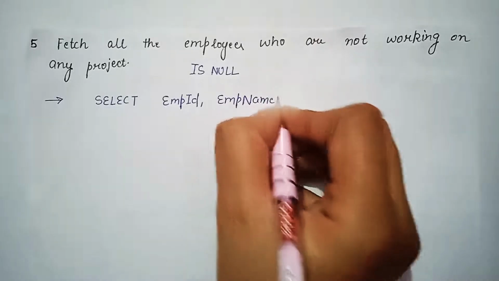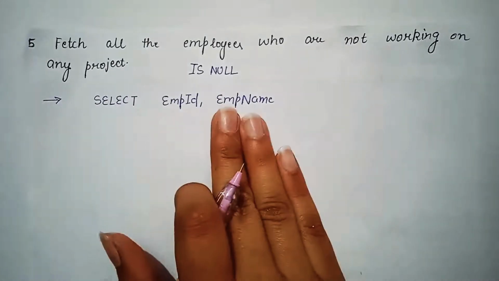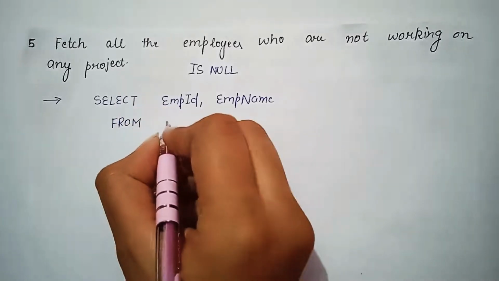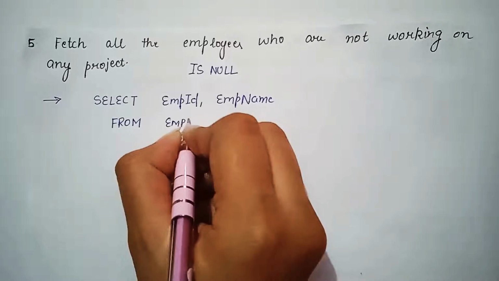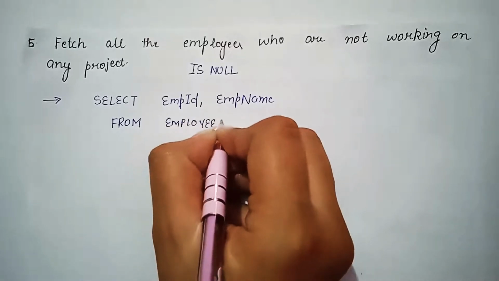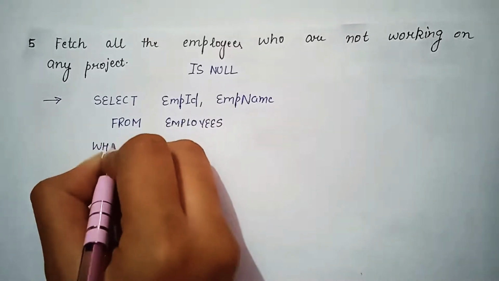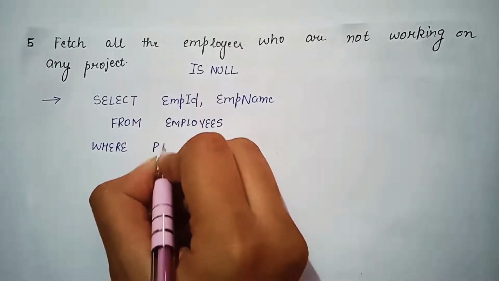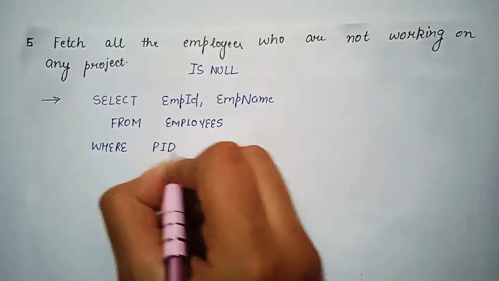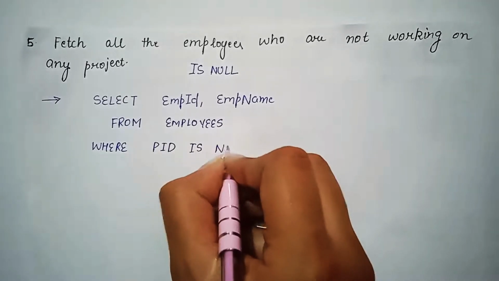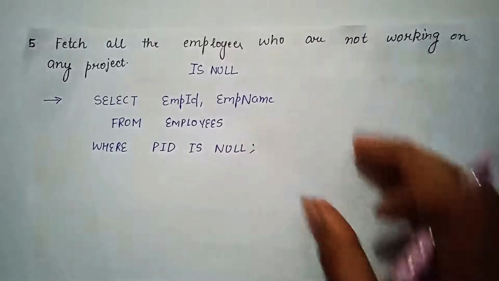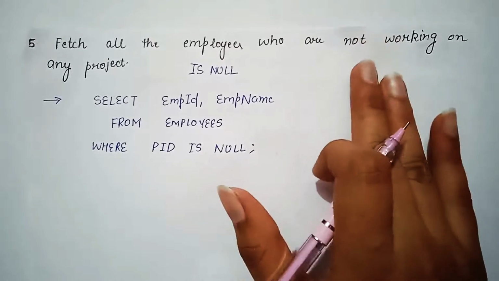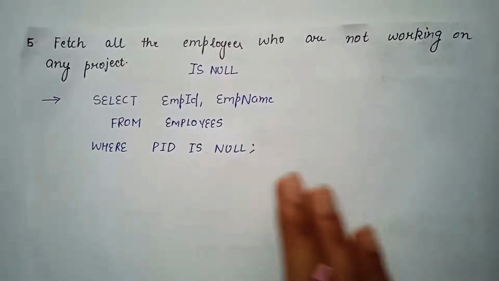Okay, we want only the employees, so we are going to fetch IDs and their names from the table, let's say it is the employees table, employees where project ID is null. Okay, so this is a simple query that will fetch out all the employees from the employee table who are not assigned to any project. Okay, so this is the last query.